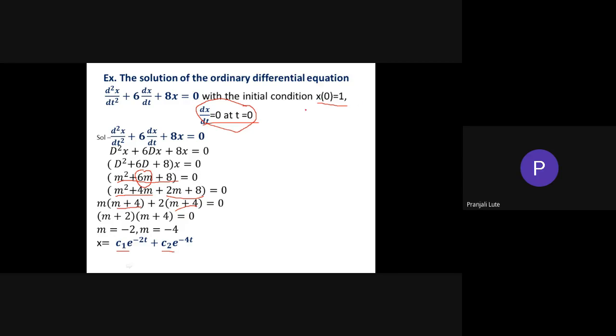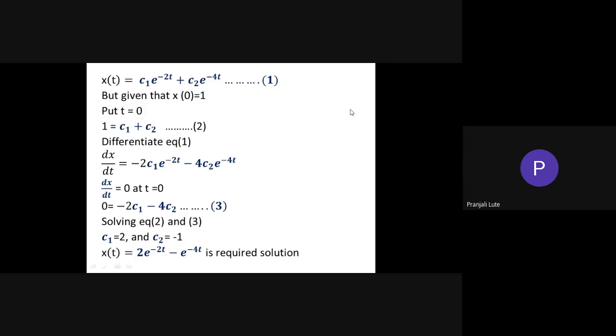Can we apply the first condition here? x of t equal to C1 e to the power minus 2t plus C2 e to the power minus 4t. This is your solution, but the initial condition is x of 0 equal to 1.